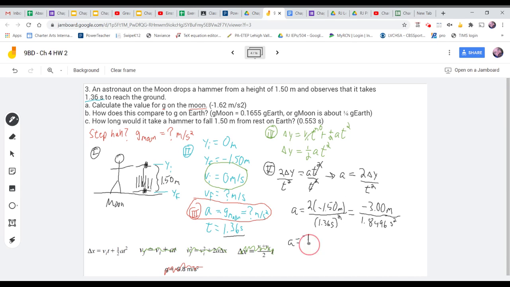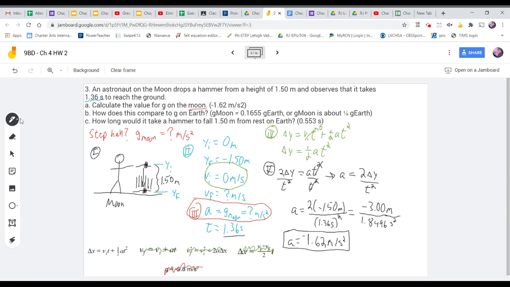So our answer will be minus 1.62 and then 1972318. But yeah, 3 sig figs is enough. So a is minus 1.62. And then our units, look, are going to be meters on the top divided by seconds squared. So meters per second squared, which is cool. This is what I wanted.